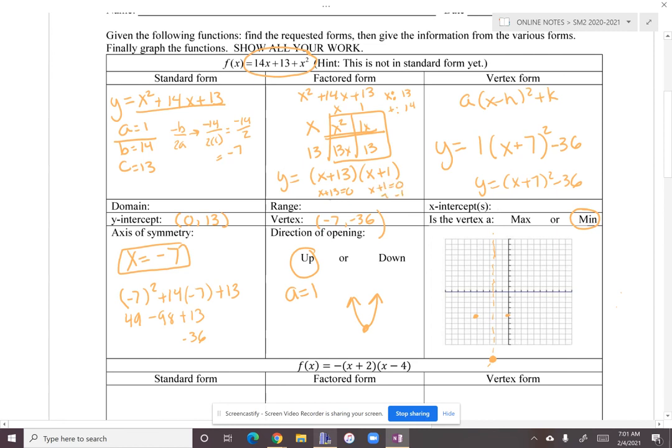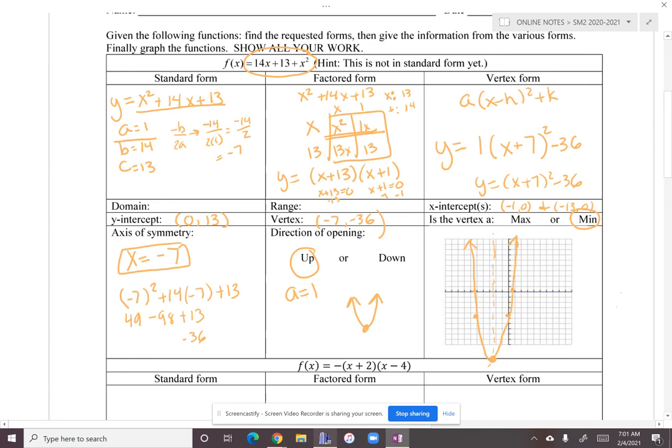And I get x equals -1 and x equals -13, so my points are -1, 0, and -13, 0. So that's going to be like that and like that. And so here's my lovely u that's been scaled down.